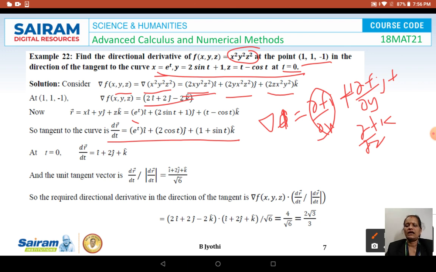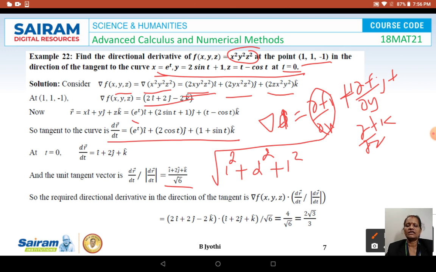The unit tangent vector is given by dr by dt divided by modulus of dr by dt, which gives i plus 2j plus k divided by the square root of 1 square plus 2 square plus 1 square. 1 square is 1, 2 square is 4, 1 square is 1, so it is 1 plus 4 plus 1, which gives root 6.